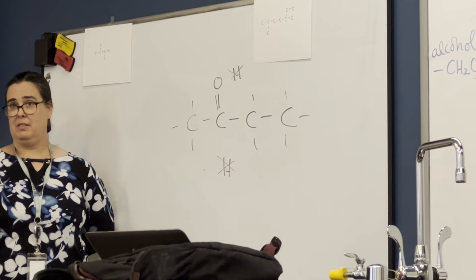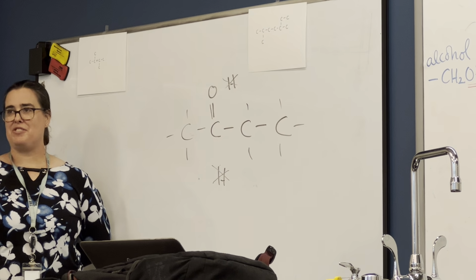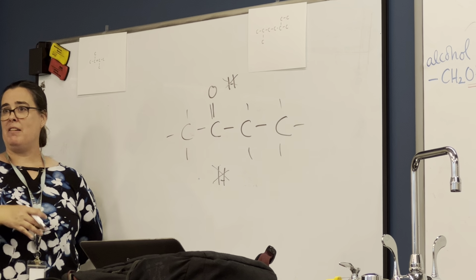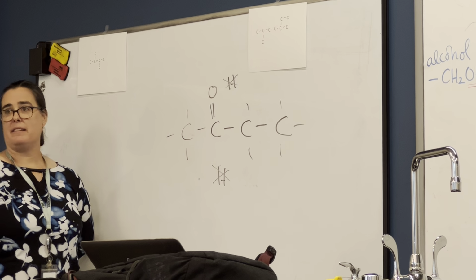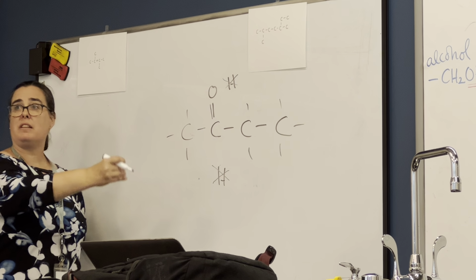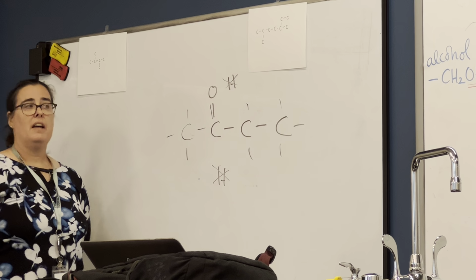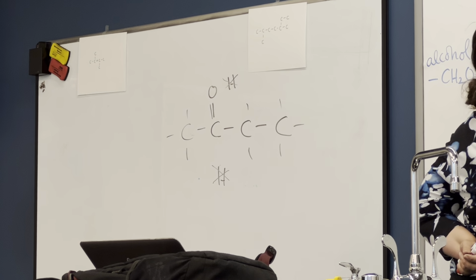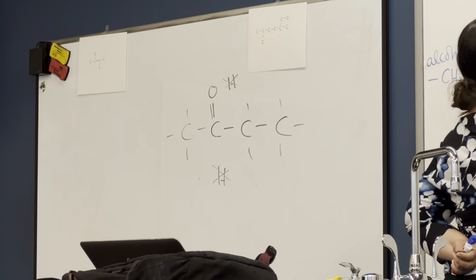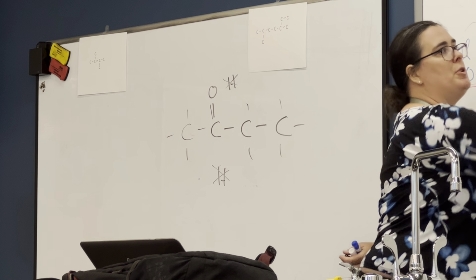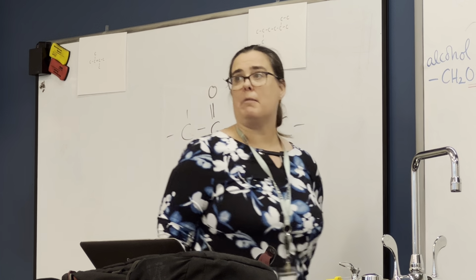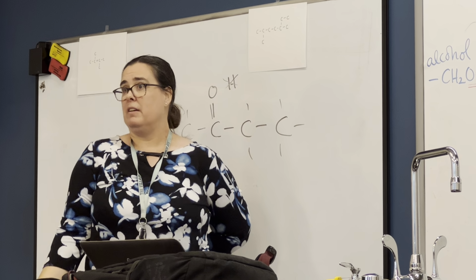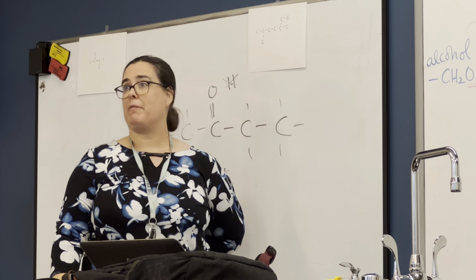No. It will not turn into an ester. This is the end. Primary alcohols, aldehyde, carboxylic acid. Secondary alcohols, ketones, dead end. Now think about your tertiary alcohol. Your tertiary alcohol was this one. Can I remove a hydrogen from this carbon to make the carbonyl? I don't have one. Tertiary alcohols do not react.